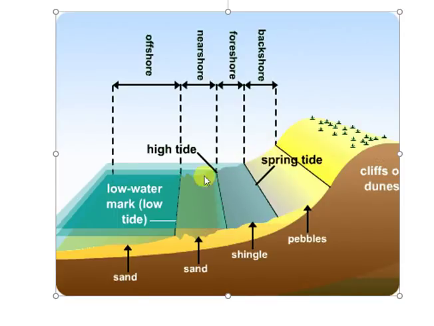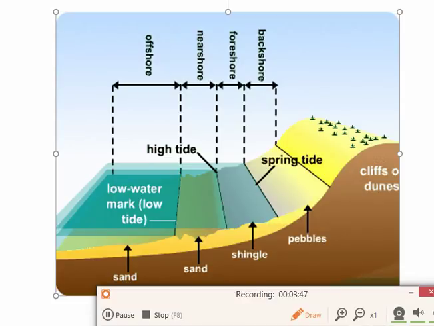Foreshore and nearshore tend to be where the waves break, and actually where we get the swash and the backwash in these 2 zones. And then offshore is shallow waters, beyond where waves break.